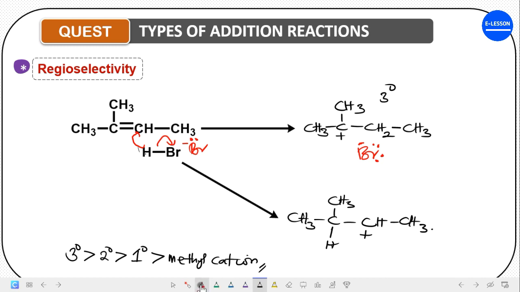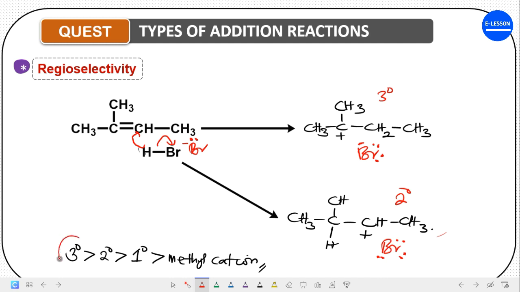Now how about this? Look at this one. How many groups are around it? You have this whole place considered as one group, and you have this one considered as another group. So here you have two different groups about it, and you call this a secondary carbocation. So which of them do you think will form the major product? Is it the first one or the second one? We say the major product is formed by the more stable carbocation.